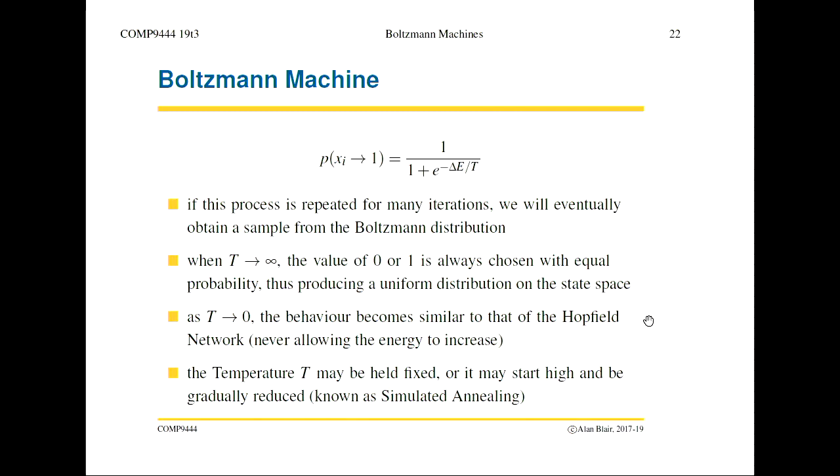Now, the terminology is a little bit confusing, but sometimes we vary T and sometimes we keep T fixed. If we keep T fixed, technically speaking, it's not really annealing at all. It should be called the Metropolis algorithm.